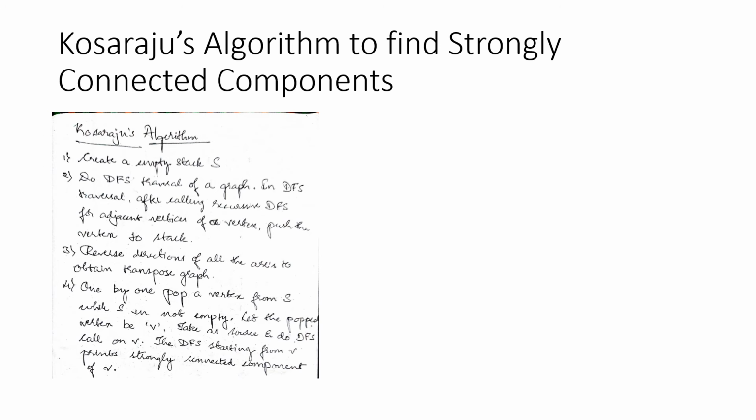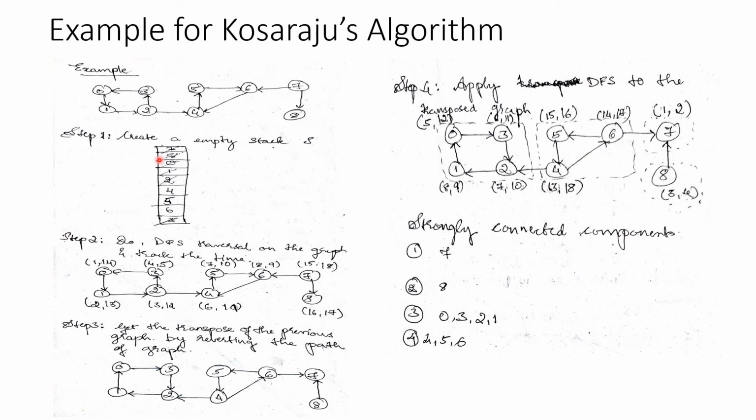So what you have to do now is pop the first element from this stack. Which is the first element? 7. So I will start applying DFS from 7. When I go with 7, what is the adjacent edge going out from 7? Do I have any adjacent edges?